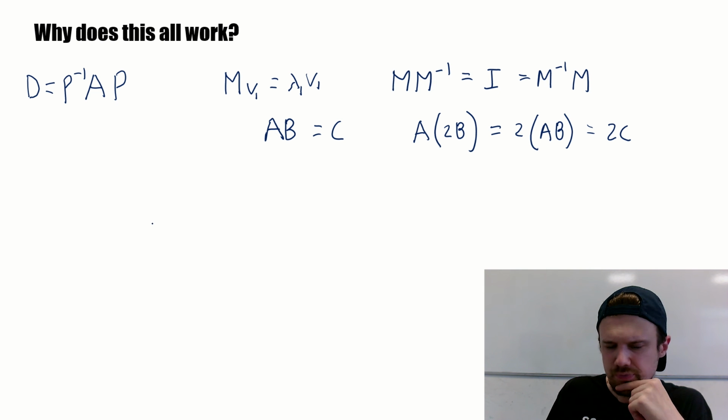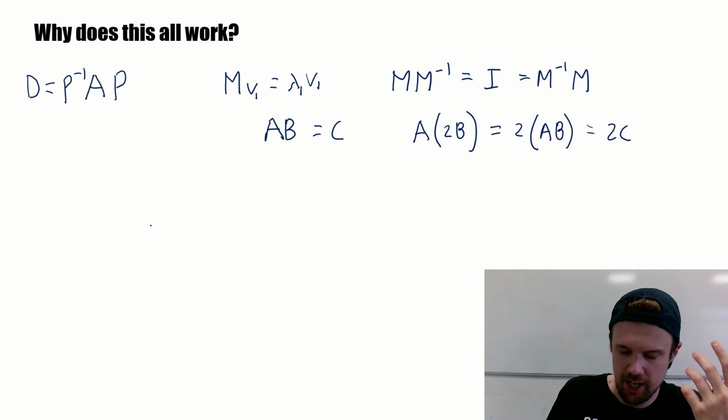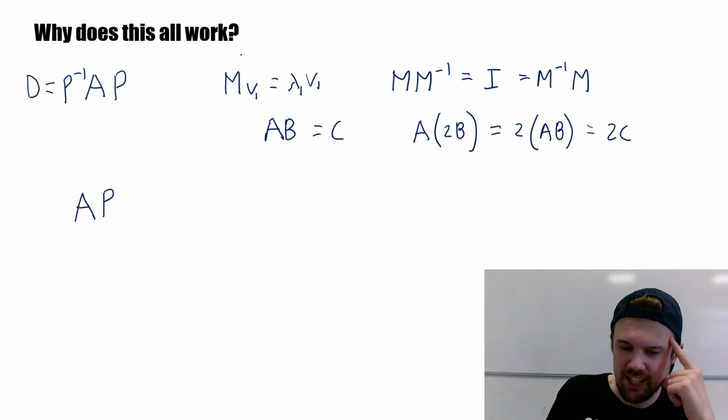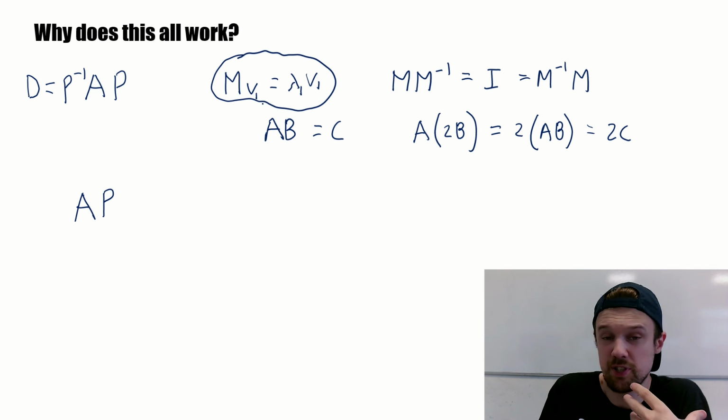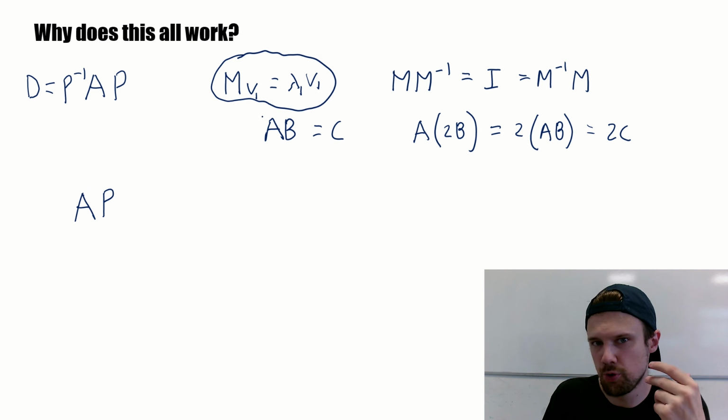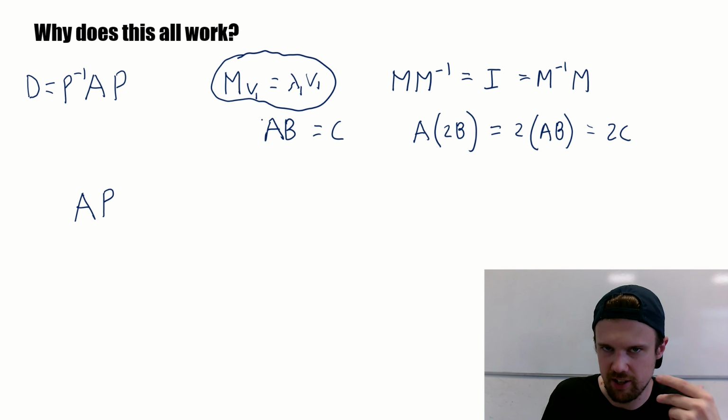But to give an intuitive explanation of it, the first thing to be aware of is that when we're doing A times by P, that's effectively causing this situation here. I know P isn't actually the eigenvectors because it's now been turned into a matrix, but the crucial thing is the columns of P are the eigenvectors.